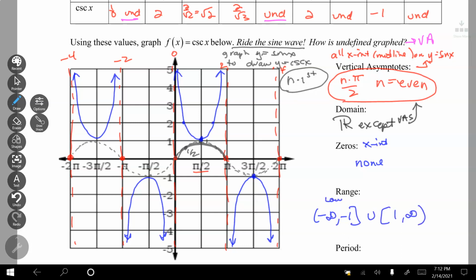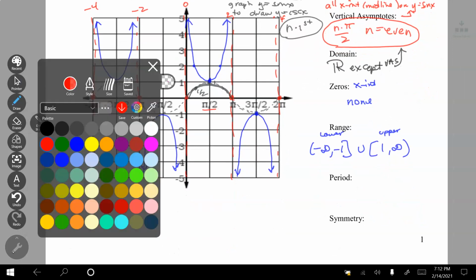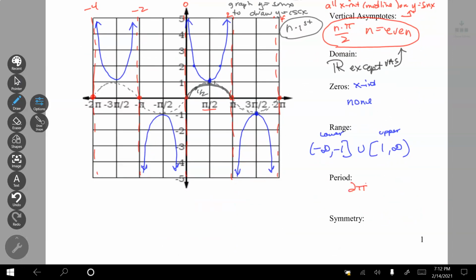This is the lower part. This is the upper part. My period for this graph is still 2 pi, because it still takes 4 squares. And my symmetry is odd, because sine is an odd graph.